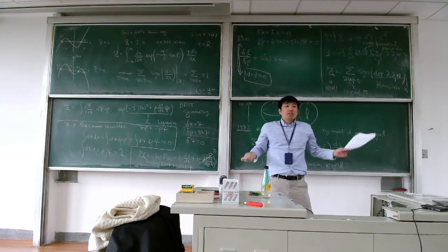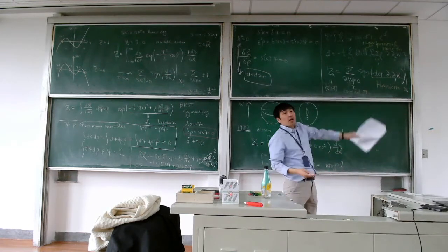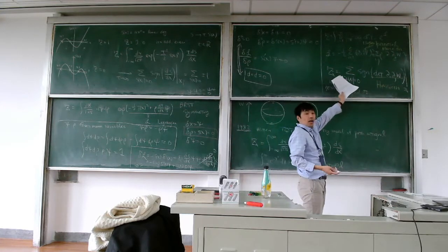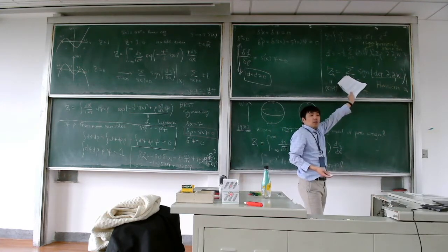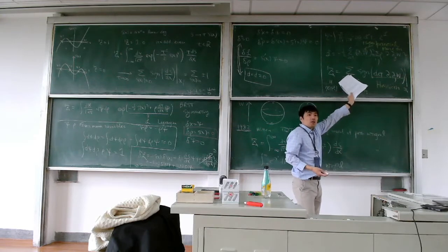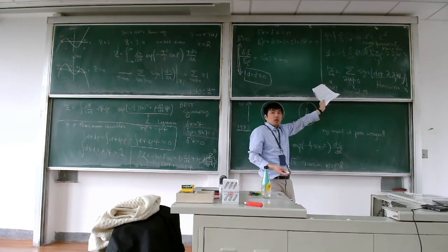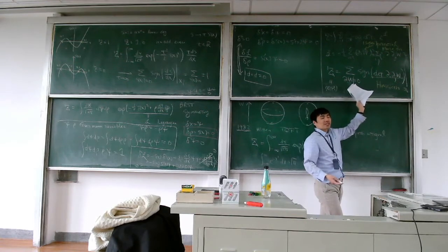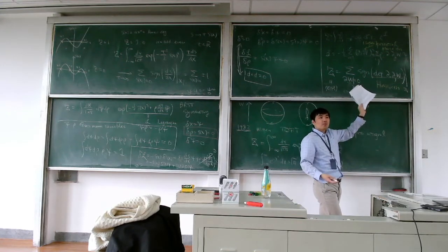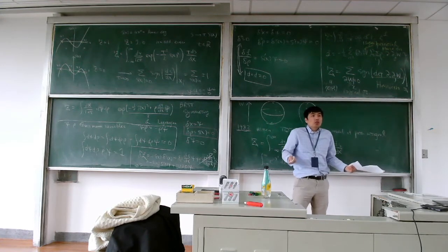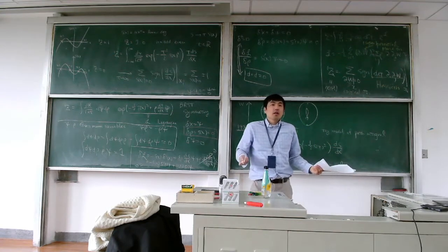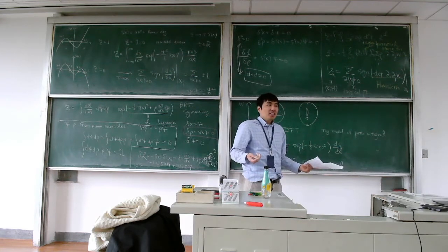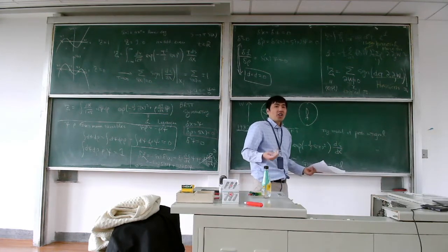You consider this path integral. This path integral can be considered on any manifold. And this finite dimensional path integral will give you the Euler characteristic, independent of the choice of potential W, the Morse function. The Morse function can be chosen arbitrarily, generically arbitrary.